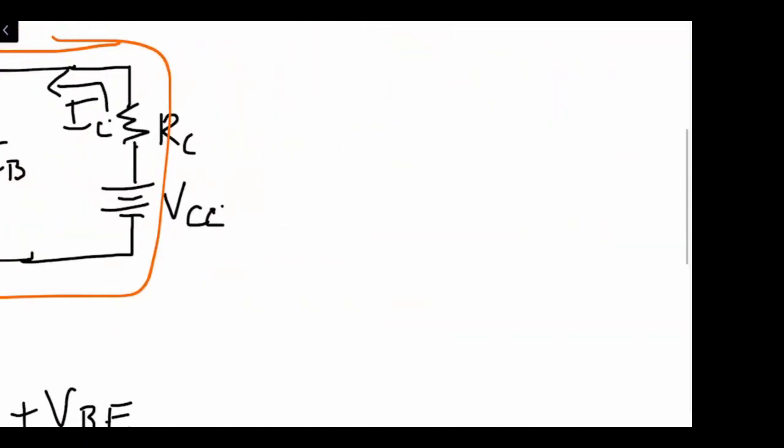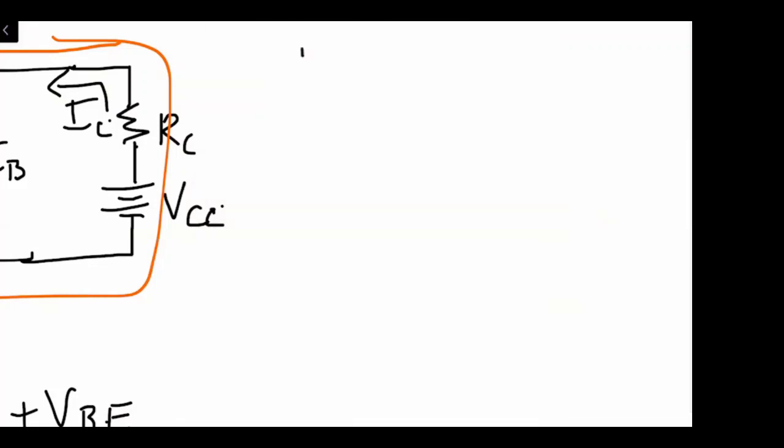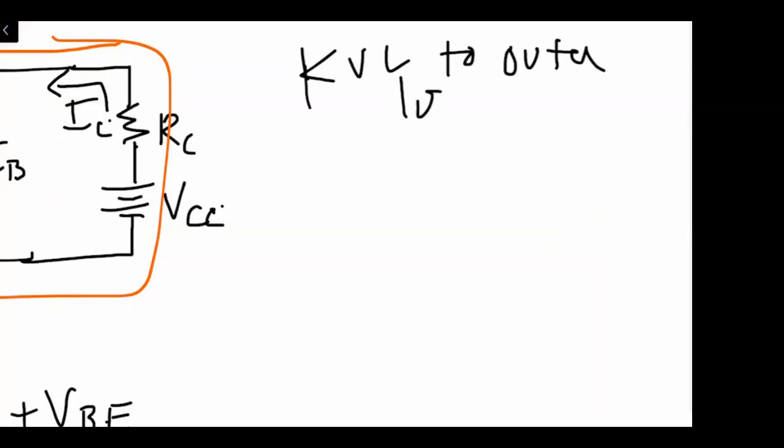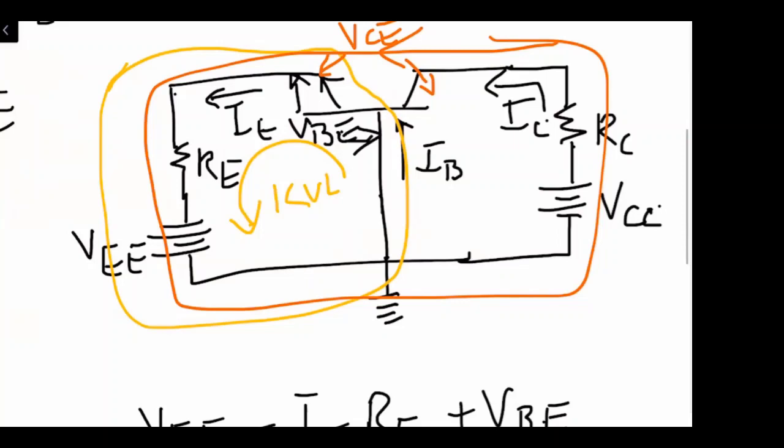Right, applying KVL to the outer loop, what we are going to have is a drop across the RC as well as a drop across RE, right?